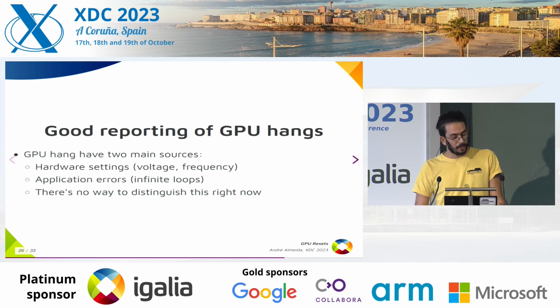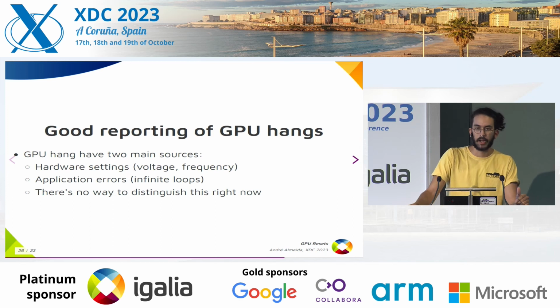And on top of that, GPU hangs have two main sources. So we have hardware settings. On AMD, if the power management is too aggressive, it will change the voltage and frequency very often. And sometimes we don't know exactly why. This can put the hardware in a bad state, and it will just hang the hardware.